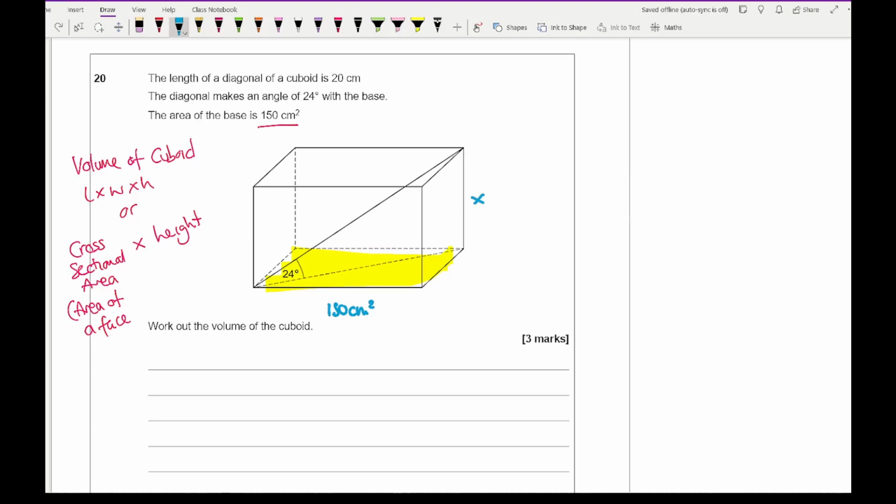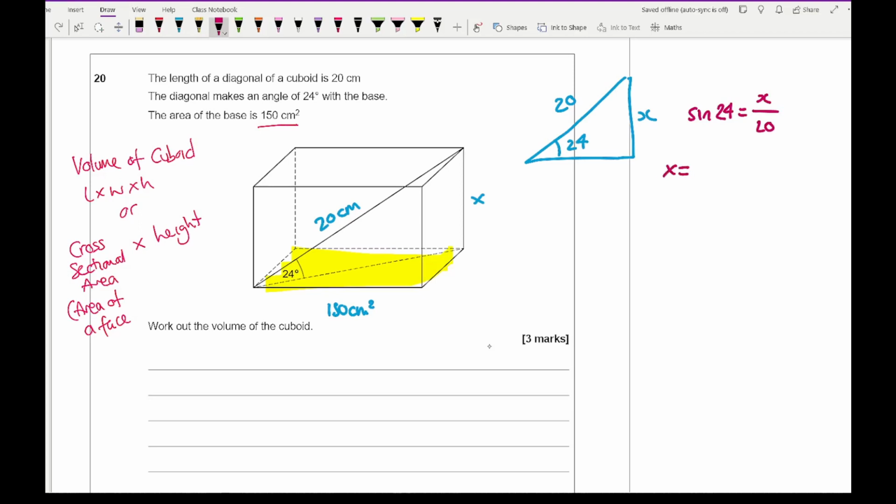Now from this I then know that the diagonal of the cuboid is 20 centimeters. So then taking that triangle out, I know this is 20, this is x, and this angle here is 24. So then using a bit of trig, which I'm going to be using sine. So here I've got sine 24 equals x over 20.